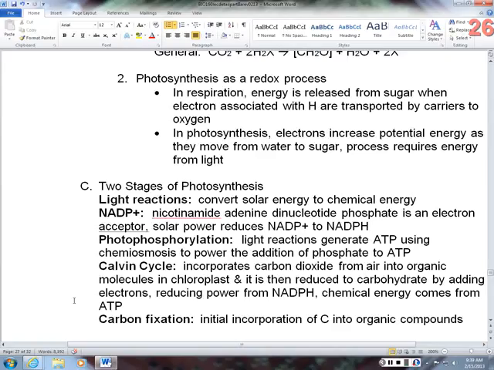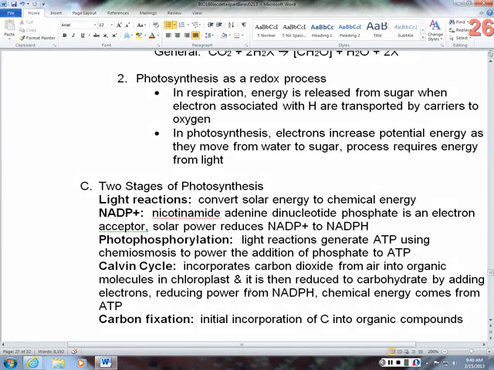That's going to be your electron acceptor, just like you had NAD+ as an electron acceptor. So what solar power is going to do is reduce the NADP+ to NADPH. We're going to have photophosphorylation, so we're going to use those light reactions to generate ATP. And it's going to be done through chemiosmosis to provide the energy for the ATP.